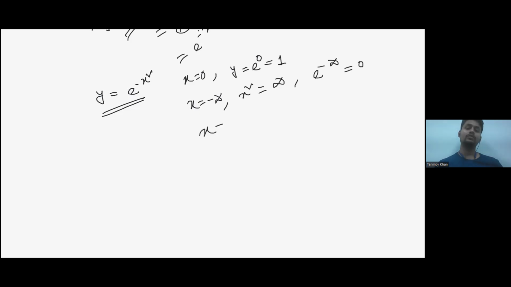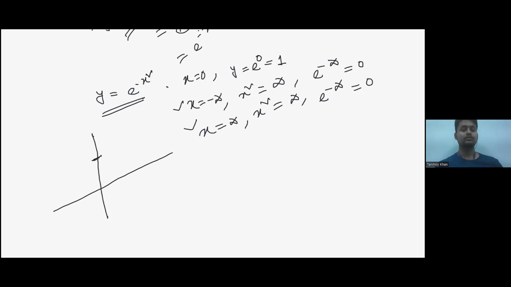And at x is equals plus infinity, x squared will obviously be infinity. So at both the points this is 0, minus infinity and plus infinity. But at x is equals 0, this value is 1, right? So if we draw it, it will be like this.